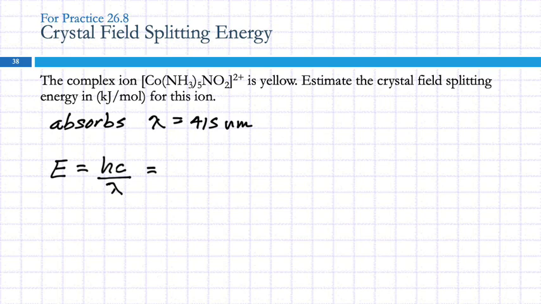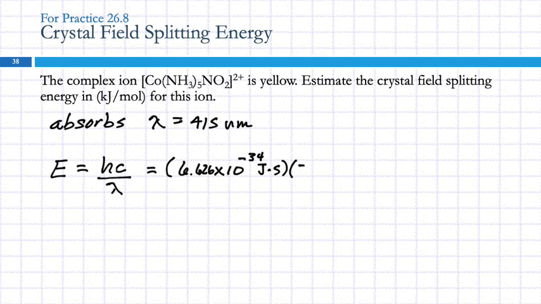Oh, let's see if I can remember this. 6... No, I think it's 34. 6.626 times 10 to the minus 34 joule seconds. It helps that I used that in 1A this semester. Times the speed of light.